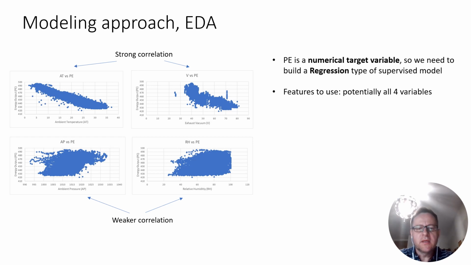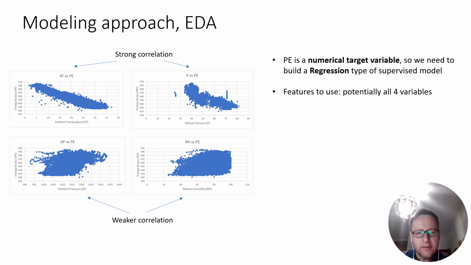Now I've done a quick exploratory data analysis denoting the relationship between the target variable and the 4 individual variables. And what we can see is that the average temperature and the variable V both show a strong, negative correlation with the target variable.